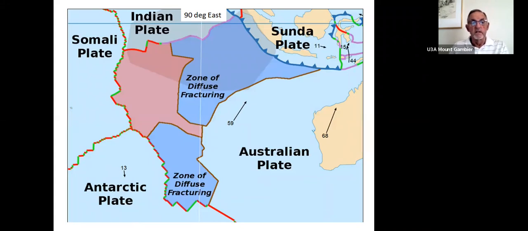Clearly, there's quite a lot of fracturing going on, which has suggested that a plate boundary may develop between the Somali plate and the northern end of Sumatra. And that's roughly coincident with the point where the old suture exists, but I'm sorry, that point is coincident, and that's where the tsunamis of 2004 originated.